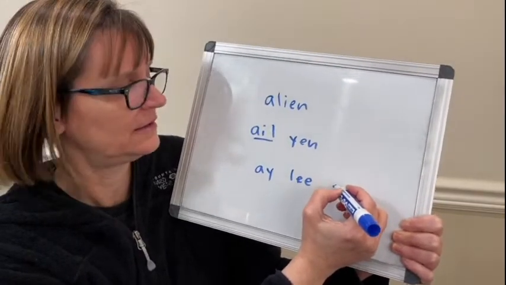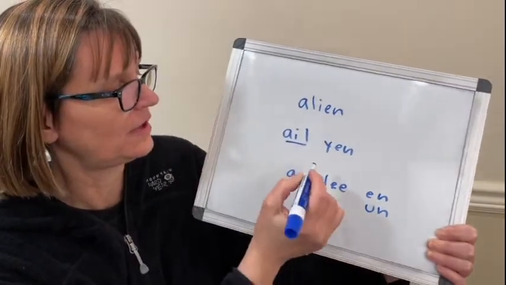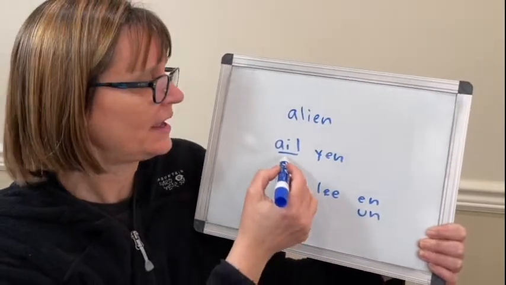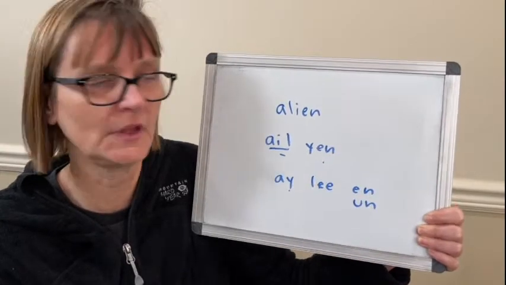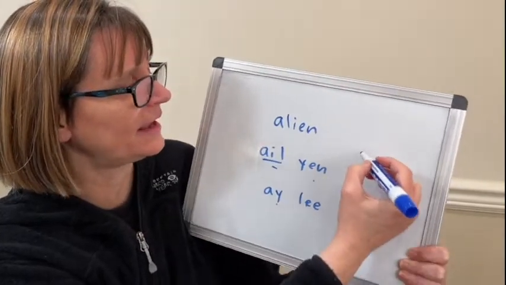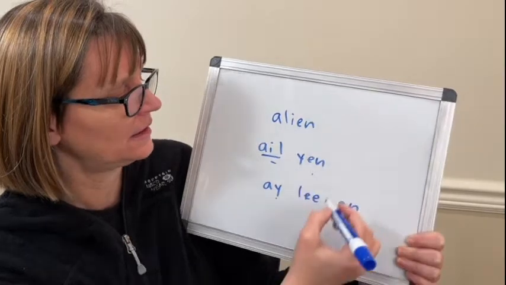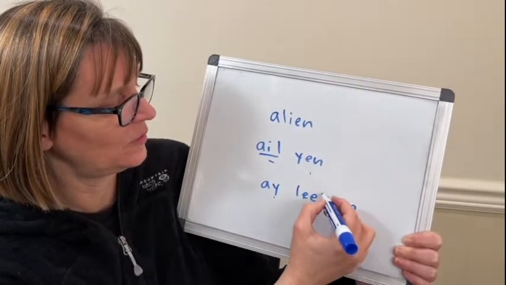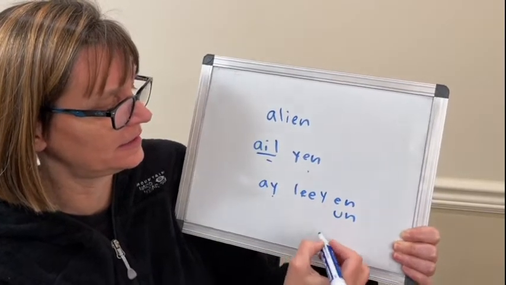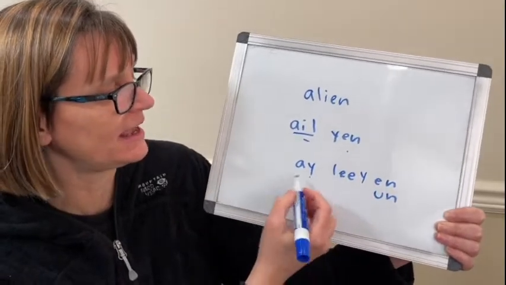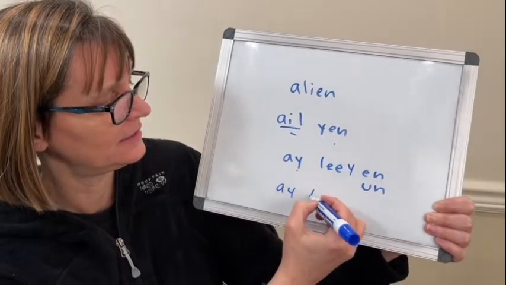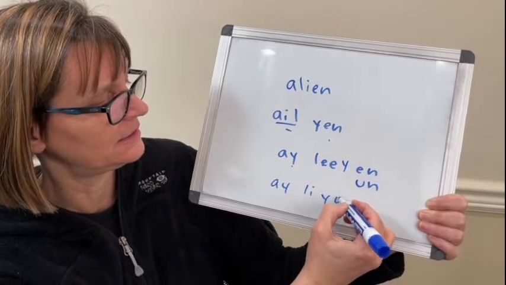I think the symbols are trying to show those two versions. And I would say it probably like alien, where I would put the Y in here. I say it like alien.